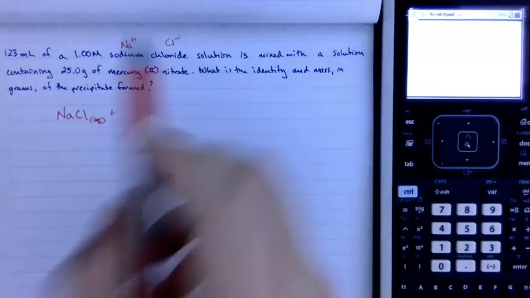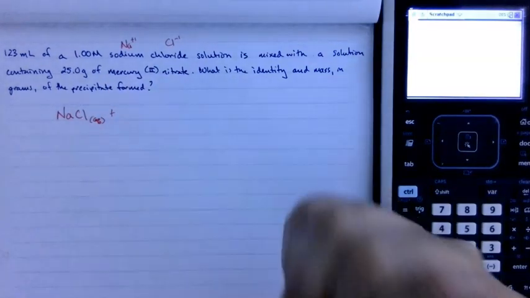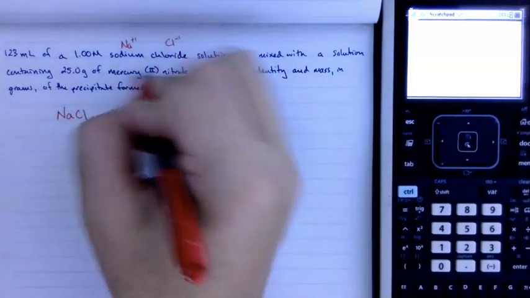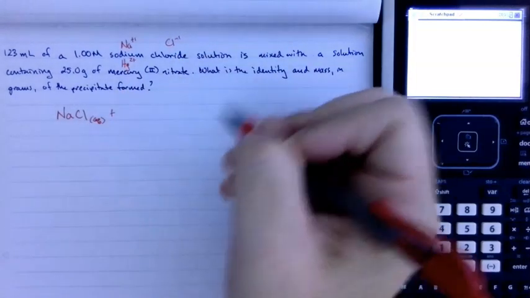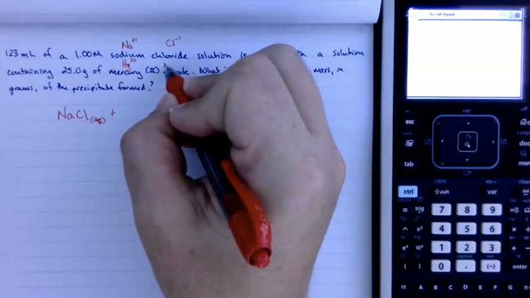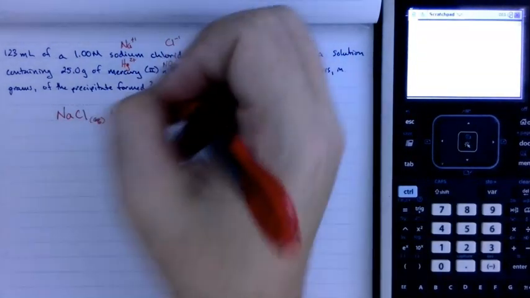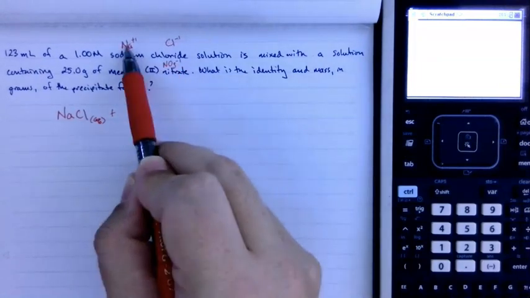This is being mixed with mercury 2 nitrate. To write the formula for that, we need to think, what two ions are we combining here? We have mercury 2, which is Hg2+, and we have nitrate, one of those polyatomic ions, NO3 -1. We don't have a 1-to-1 relationship like with sodium and chloride.